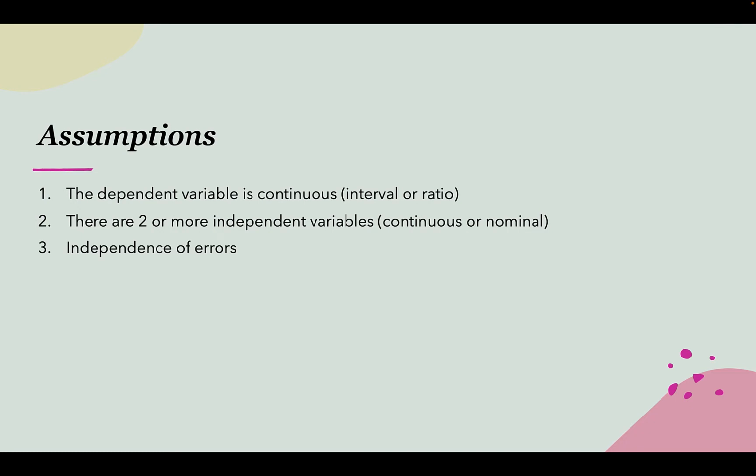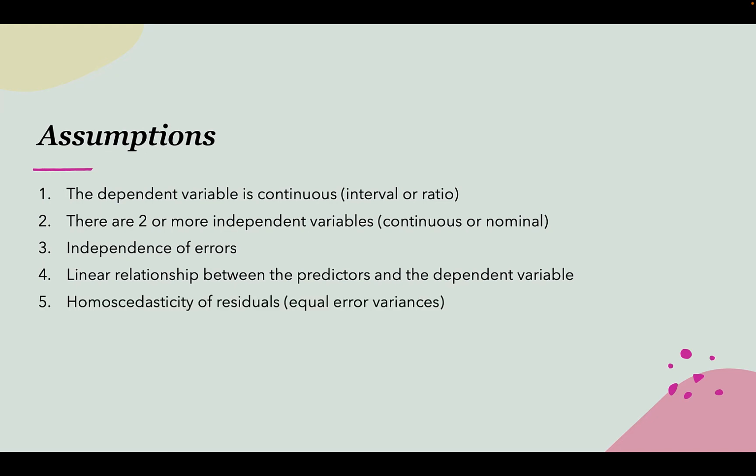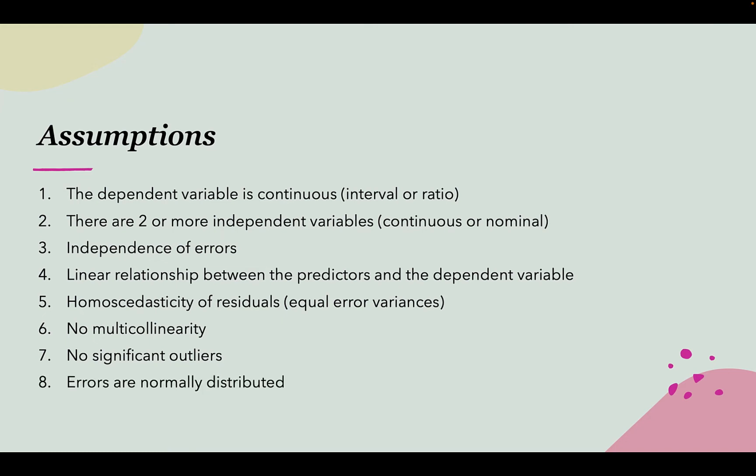As far as running the regression, beyond just demands on the dependent and independent variables, we also have to have independence of errors, a linear relationship between the predictors and the dependent variable, homoscedasticity of the residuals, and homoscedasticity is simply saying equal error variances. There can be no multicollinearity. There can be no or minimal significant outliers. And the errors are normally distributed.